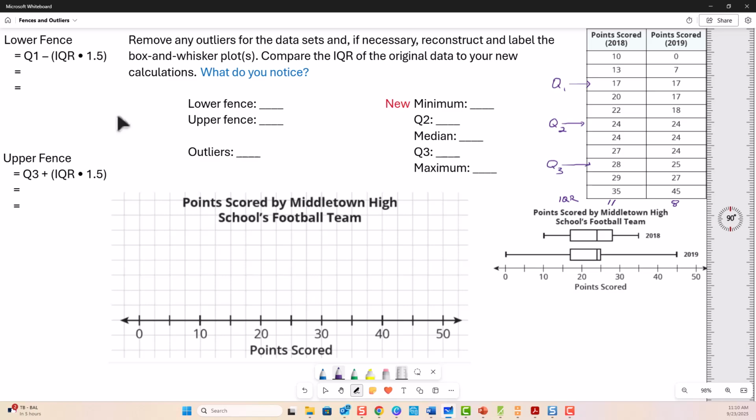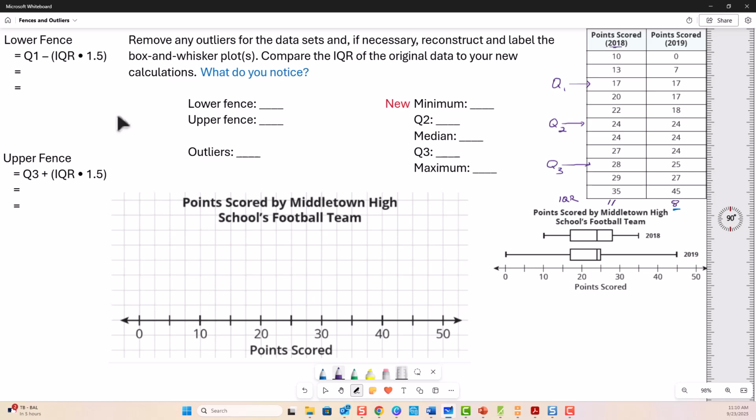So now that I have found my IQR and my quartiles for each of these, I can check for outliers. So I'm going to use blue here for 2019, and I will stick with purple here for 2018.